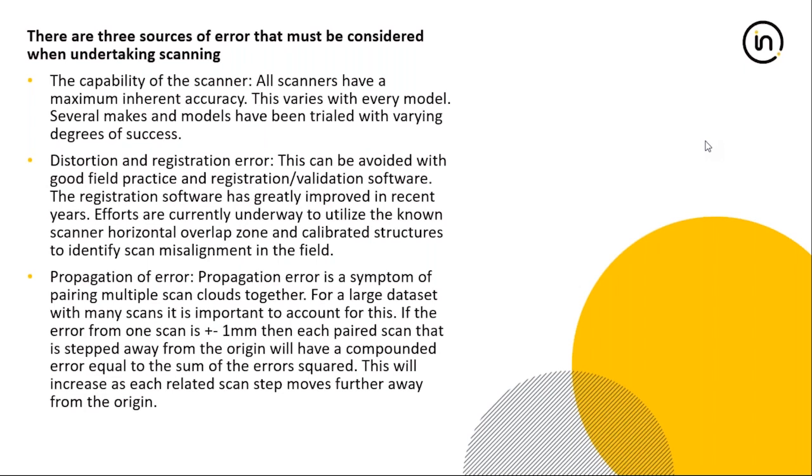The last thing you have to keep in mind is that the error propagates. Let's say that you measure a point that is 1 millimeter off, and then you are trying to mesh this set of points. We're going to get more in depth on this later in the presentation, but what you usually do with laser equipment is pick a point within the tank, which is your reference point, your starting point.